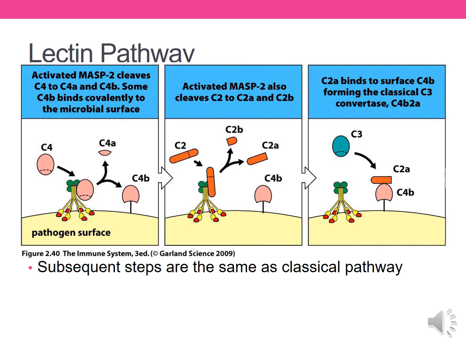C2 will come along, and MBL will cleave C2 into C2a and C2b. C2b will then diffuse away, and C2a will then bind to C4b, which creates what? C3 convertase. And then the subsequent steps are identical to the classical pathway.